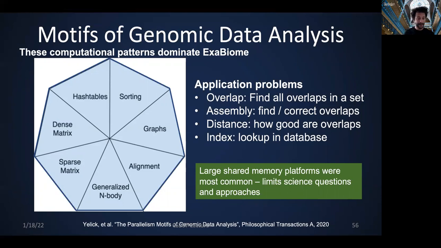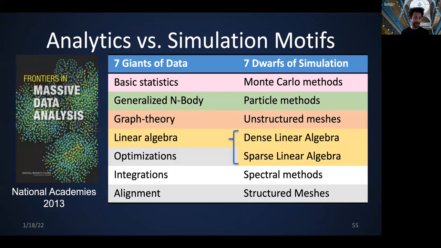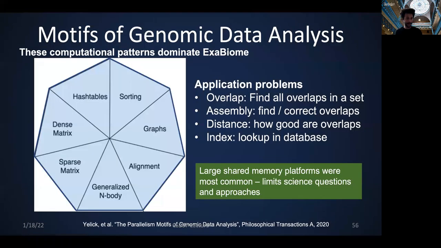We identified some of the commonly occurring things, which are dense, sparse, alignment, generalized N-body, and graphs. You'll see that 5 of these at the bottom are common with the 7 giants of data, except that sorting and hash tables were not covered by either simulation or the 7 giants of data from the National Academy's report. So that's the new stuff that's going on here.